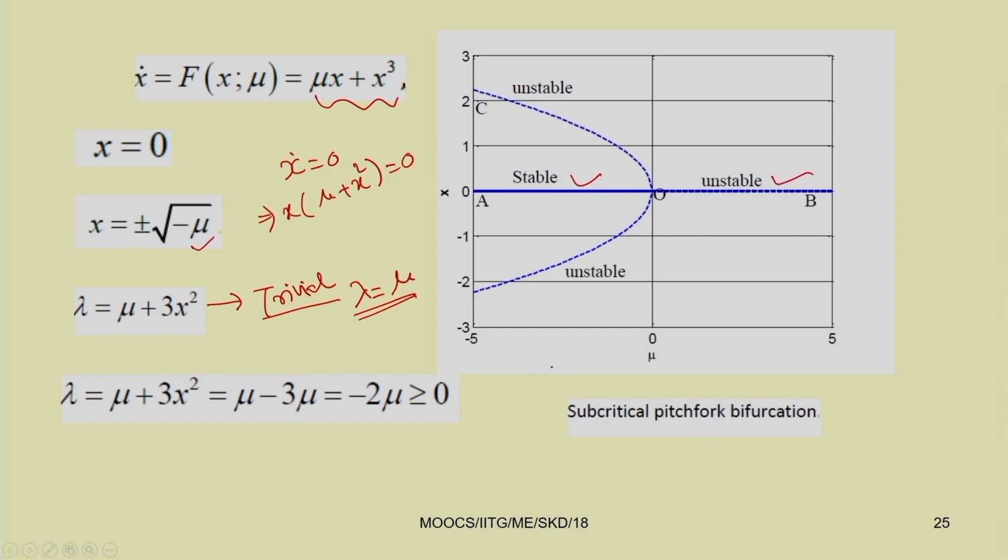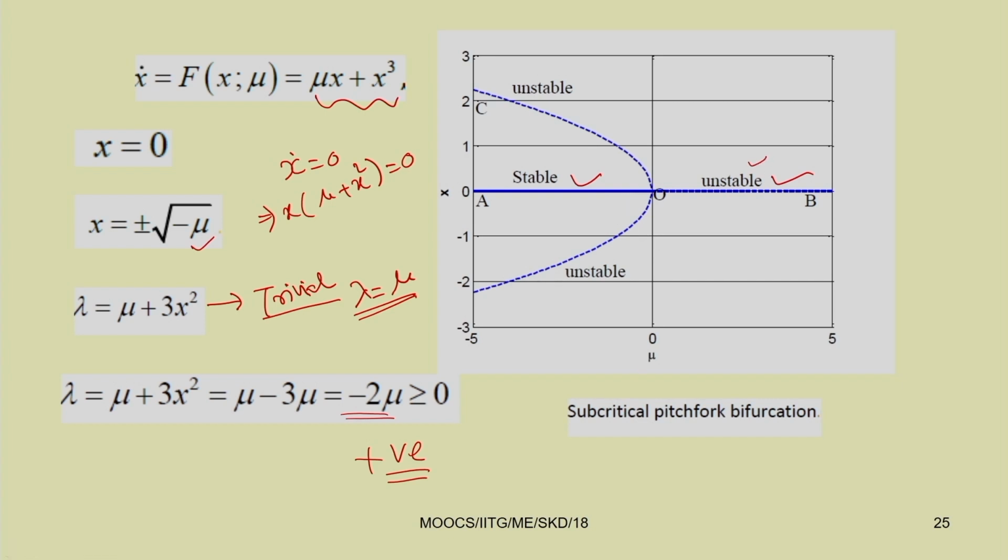Similarly, for the non-trivial state, lambda becomes minus 2 mu, but in this case mu is negative, so minus 2 mu is positive. As lambda, that is the eigenvalue, is positive, these branches are unstable. So, here we have the stable and unstable branches. One stable trivial and two unstable non-trivial branches lead to an unstable branch after the bifurcation.